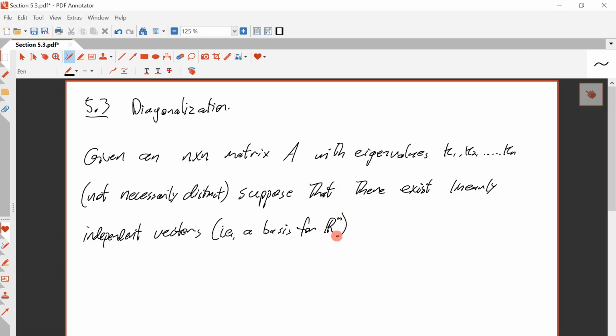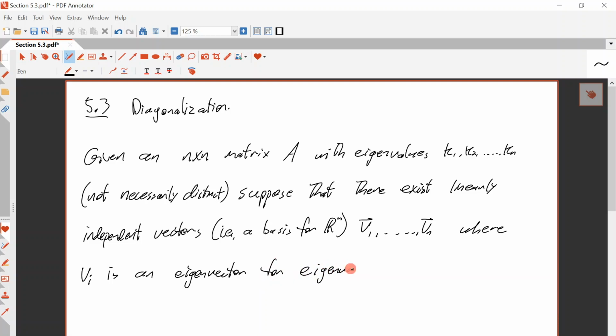Okay, so you've got these eigenvalues, and you always have n eigenvalues, possibly with repetitions, because the characteristic polynomial of the matrix is a polynomial of degree n, which has n roots, up to multiplicities.